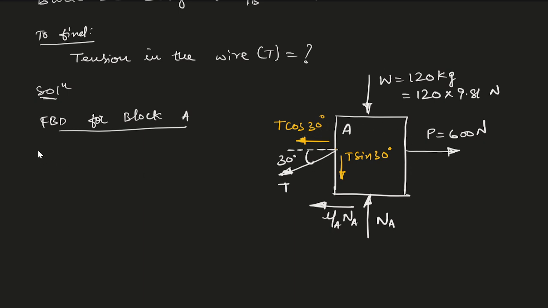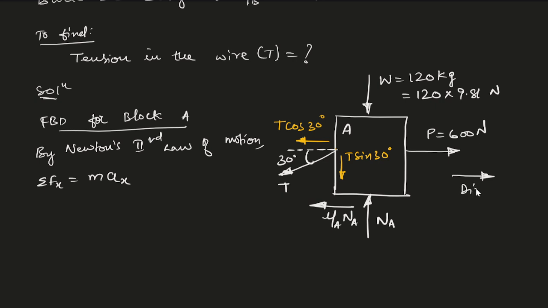First of all, we want to apply Newton's second law. By Newton's second law of motion, summation of Fx equal to m into ax. Here Fx is nothing but all the horizontal forces. If you see, we have a force P. The direction of the block will be from left to right.